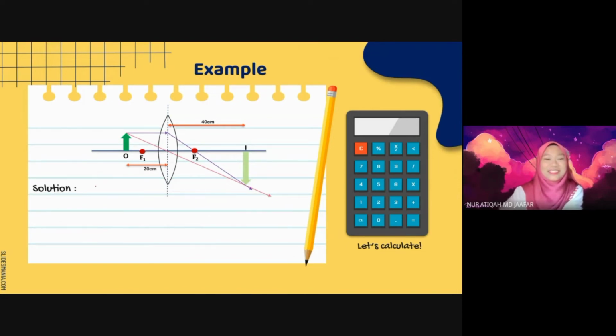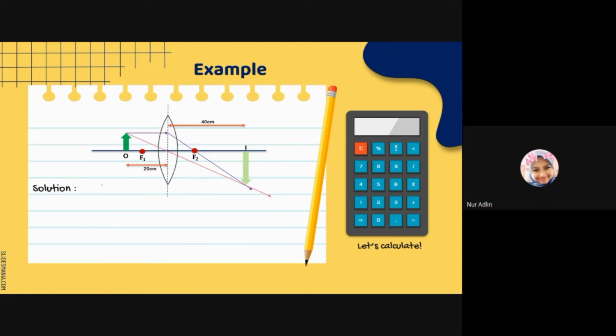Adeline, what do you think about the first step? First step, we have to write down the formula 1 over f equal to 1 over u plus 1 over v.